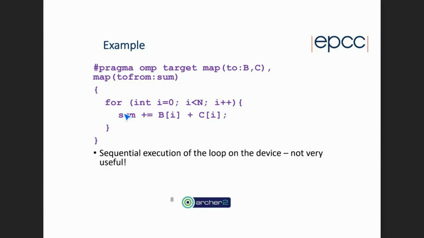Whereas for sum here, we need the initial value of sum to be copied onto the device, and we want the final value to be copied back again. So you would use map tofrom for sum here.